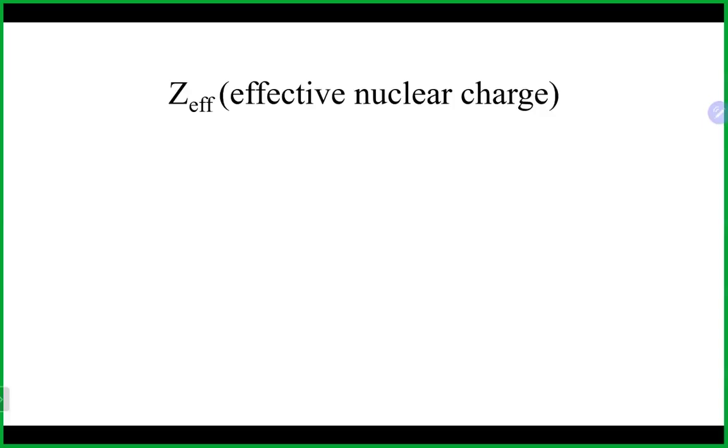And to demonstrate what effective nuclear charge is, let's just take a pretty simple example of lithium. Lithium has 3 electrons, and if we write the electron configuration, 1s2, 2s1. Lithium, which is group 1, has 1 valence electron, which is that guy right there, and it also has 2 core electrons.